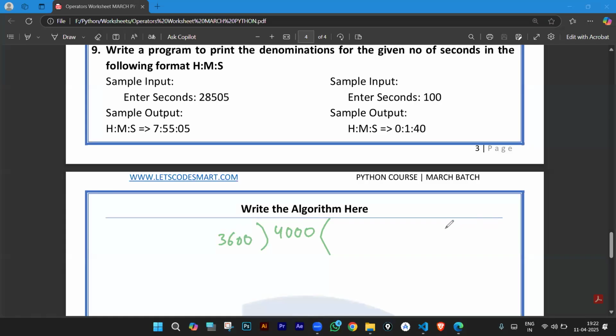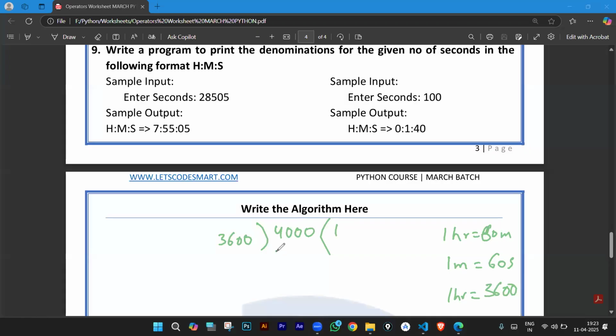How 3,600 seconds? 1 hour is equal to 60 minutes. 1 minute is equal to 60 seconds. So 1 hour is equal to 60 into 60, 3,600.